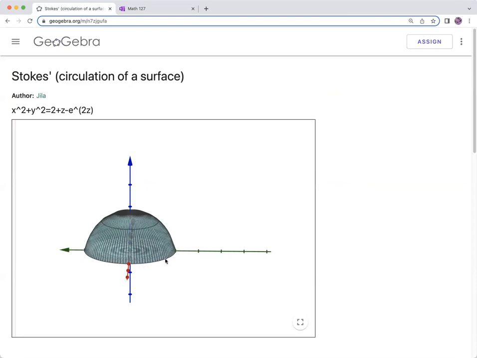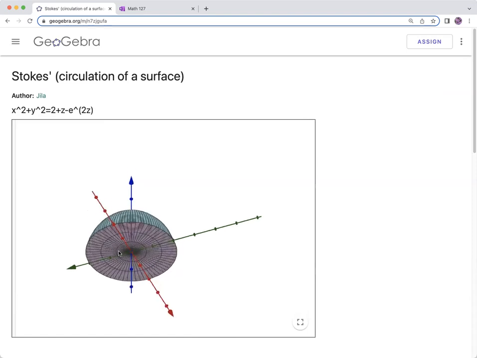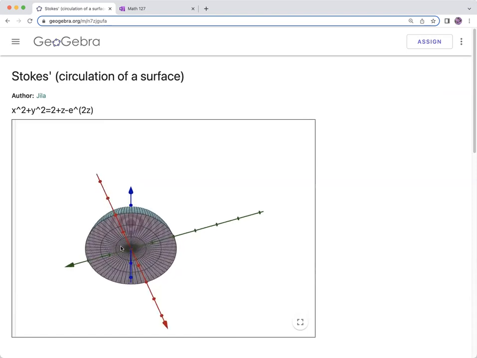Then I can see the boundary down in the xy plane, because the intersection of the surface with z equal to 0 gives me the boundary. The purple disk on the bottom is not given, but I can imagine I can cap the mouth of this surface with that purple surface.